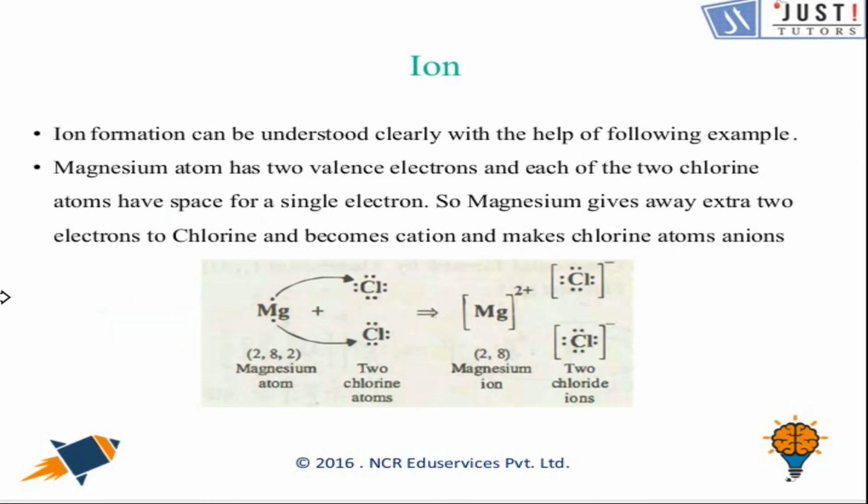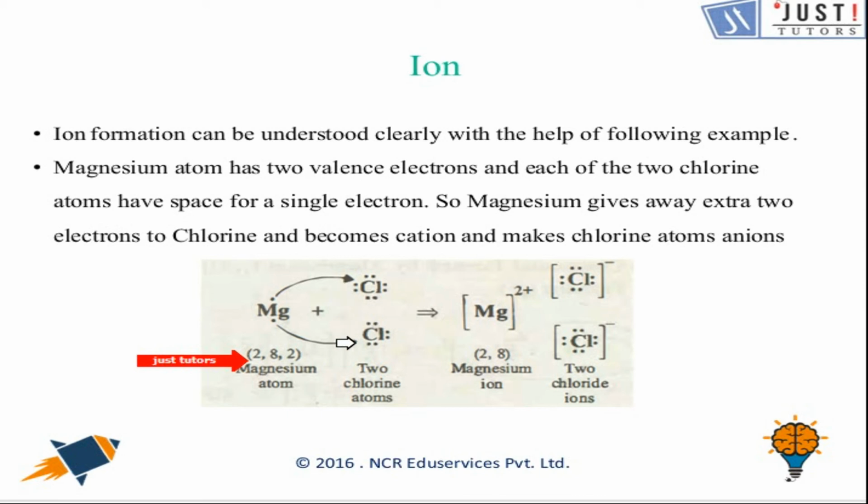Proceeding further, we have some more about ions. Ion formation can be understood clearly with the help of the following example. Here we have an example with magnesium and chlorine. A magnesium atom has two valence electrons and each of the two chlorine atoms has space for one electron.